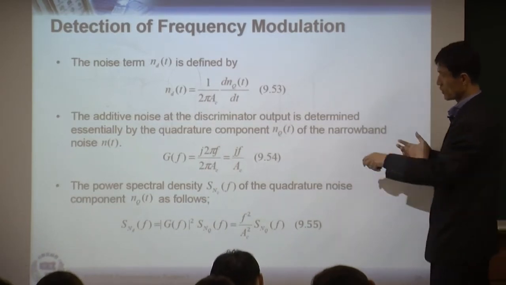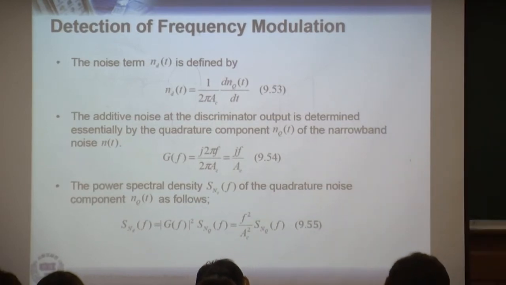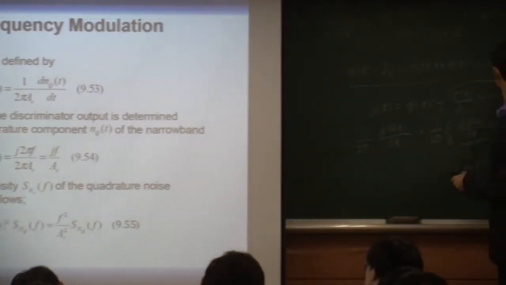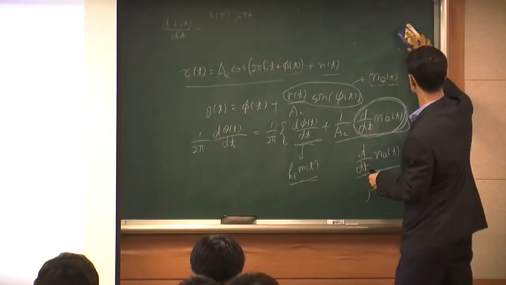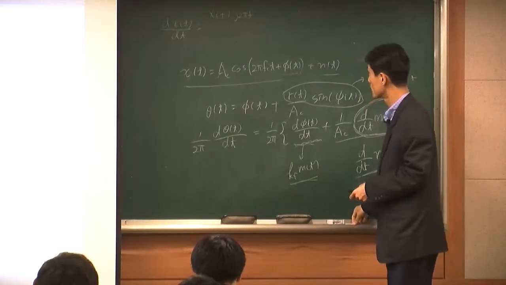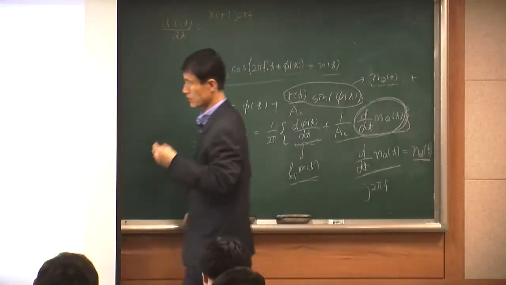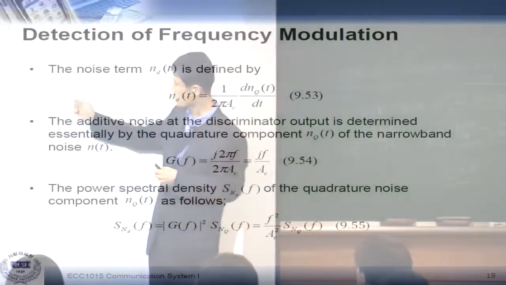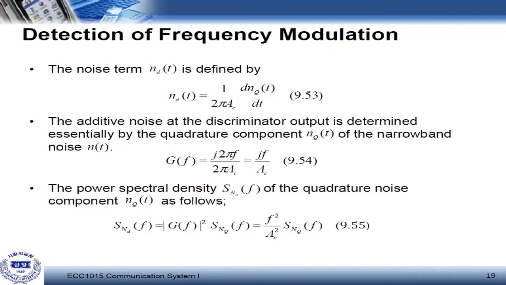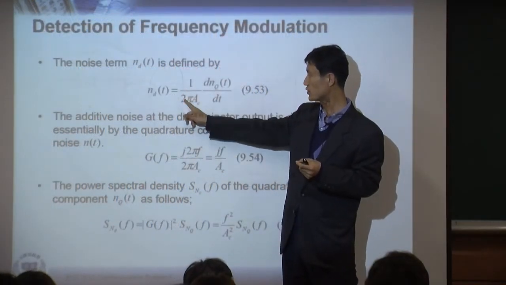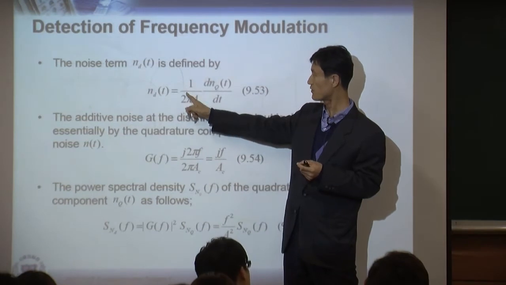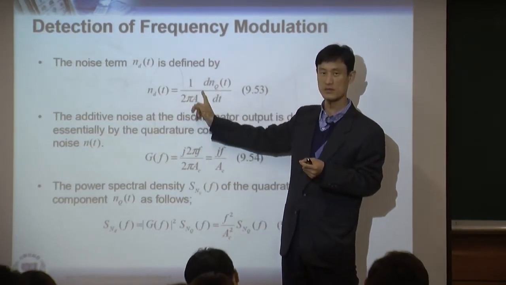Okay, simply when you look at this in the frequency domain, we know that the time derivative is equal to multiplying by j2πf, and we already have 1 over 2π AC as a constant value right here.